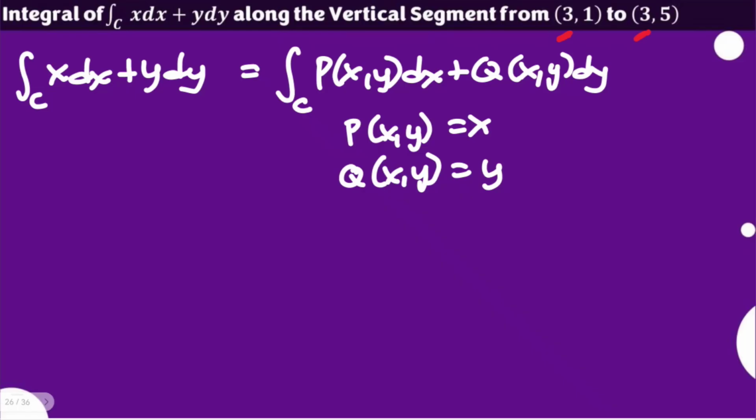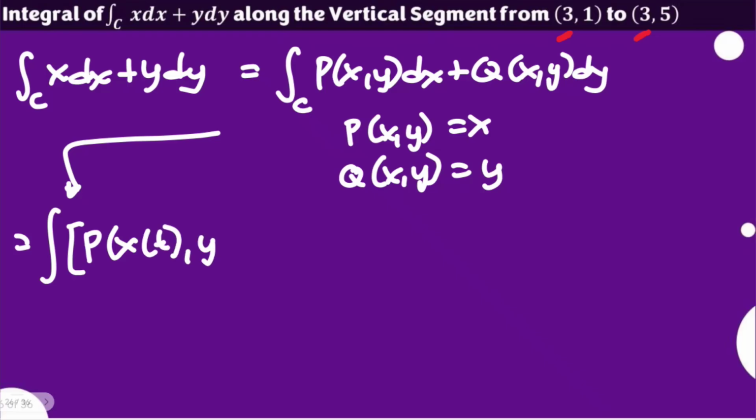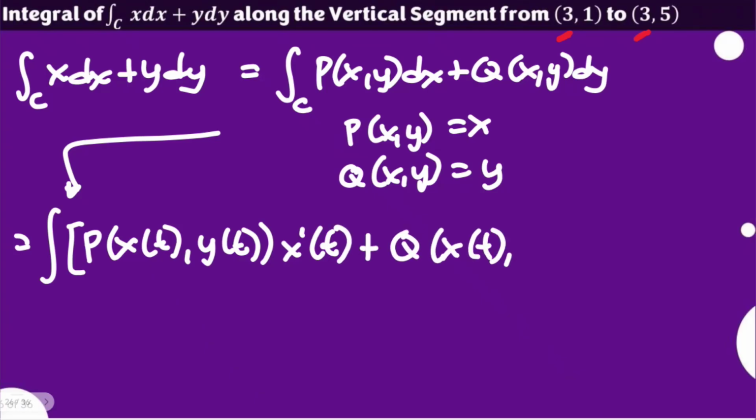It's very important because as we try to solve this using this form, we need to identify the parameterization in terms of t, because in actual form it is P(x(t), y(t)) times the derivative of x(t) plus Q(x(t), y(t)) times the derivative of y(t) dt from a to b. This is the formula for solving the line integral presented in this manner.